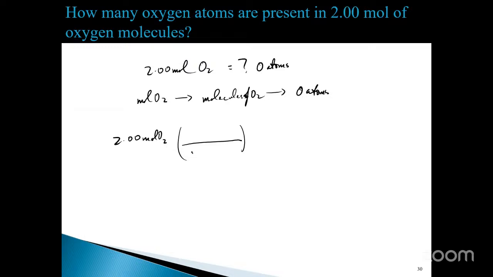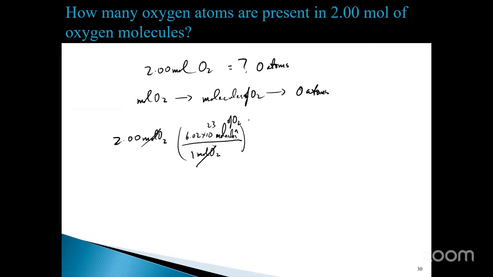One mole would be the denominator, and then 6.02 times 10 to the 23rd power molecules of O2, all right? So this unit will cancel with that unit, right?